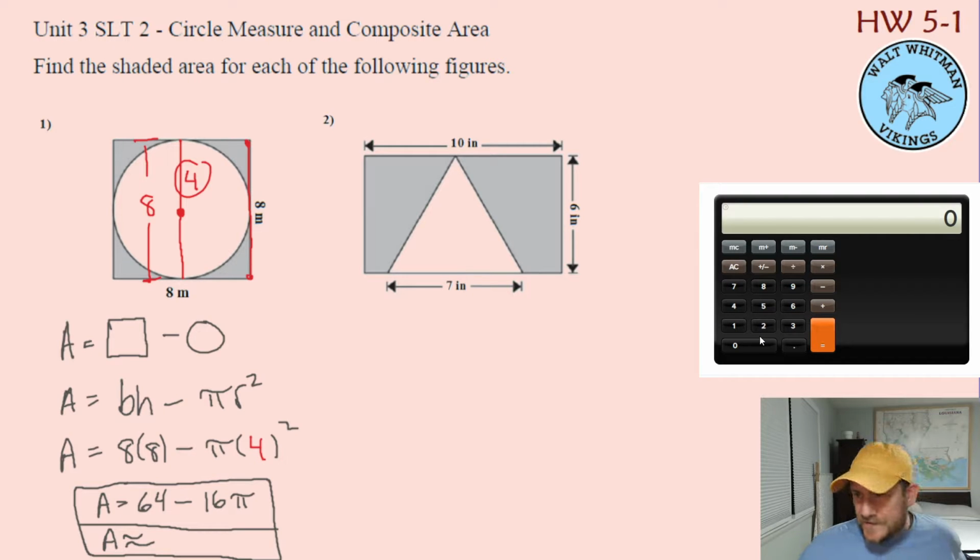I guess we're typing in 64 minus 16 times 3.14159. And then we say equals, and I think our calculator will do it in the right order. So 13.73. I'm going to jot that down.